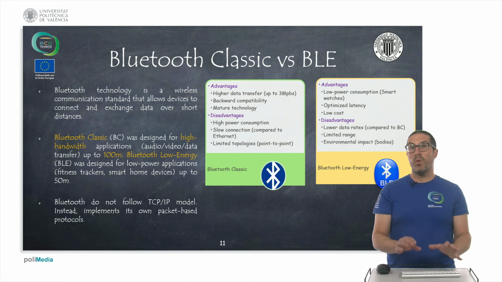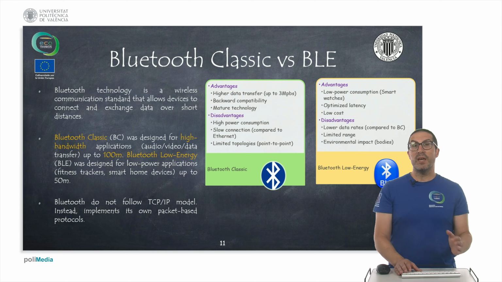And then within what we mentioned before, the PAN or personal area network, we can find a classic technology which is called Bluetooth. There are two Bluetooth technologies, classic Bluetooth and Bluetooth Low Energy.